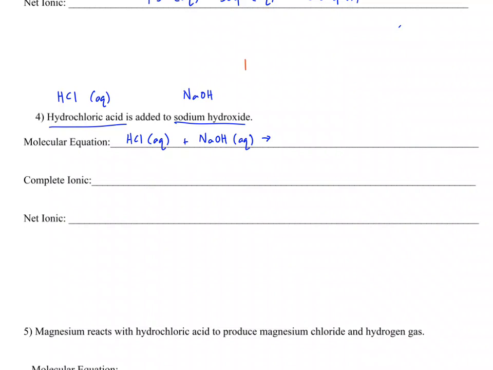So if I've got HCl and NaOH, hydrogen's positive, chlorine's negative, sodium's positive, hydroxide's negative. The positive bonds with the negative, and the positive here bonds with the negative. So I get hydrogen bonding with OH, I get HOH, and sodium bonding with chlorine, which is NaCl.